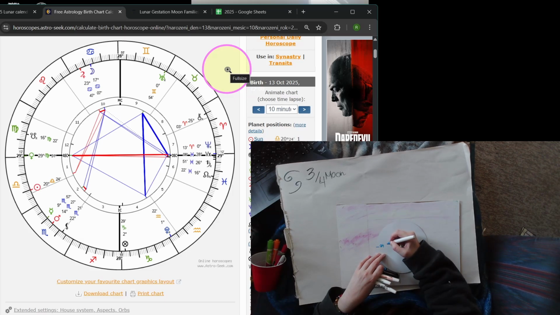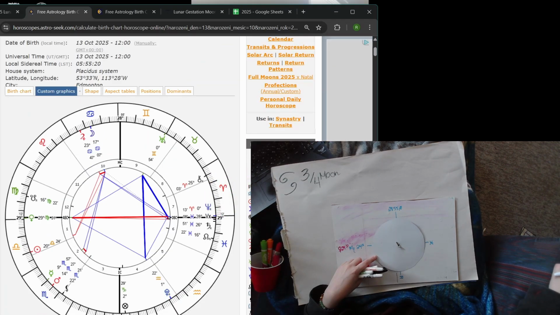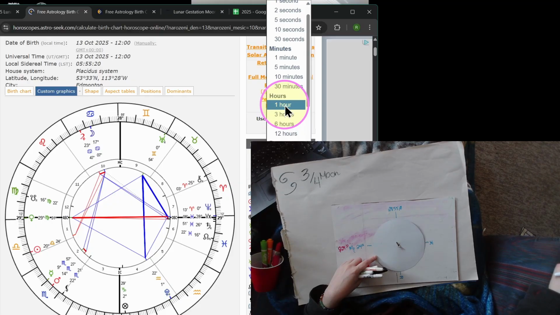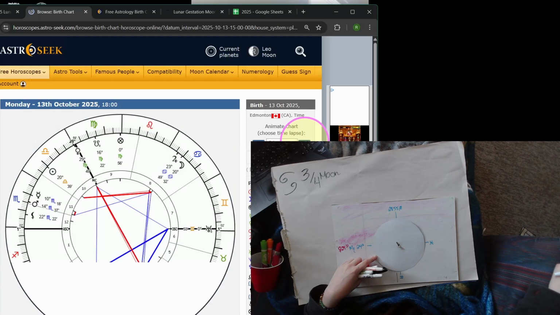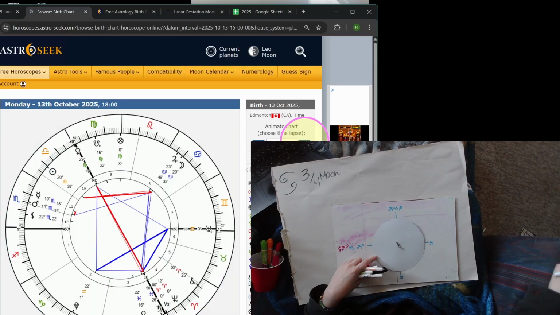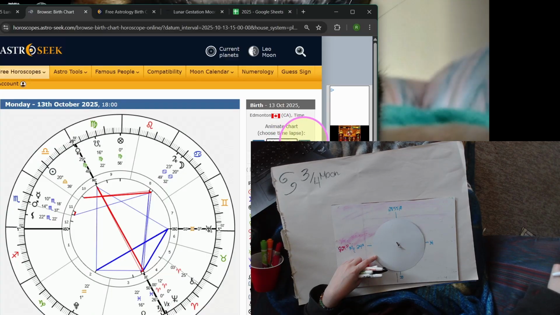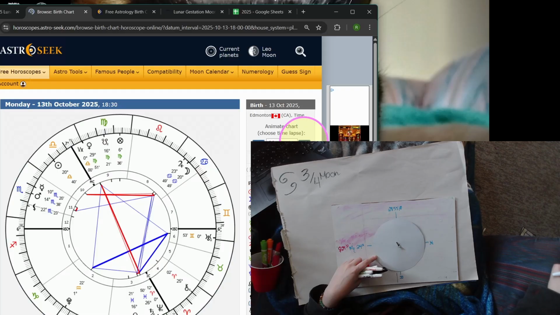It would be really decent if when you clicked on the chart for the third quarter moon, it showed you the chart for the third quarter moon and not just a chart for some other time in that day. But I can do it, that's fine. We did it with whiteboard, so that's amazing.